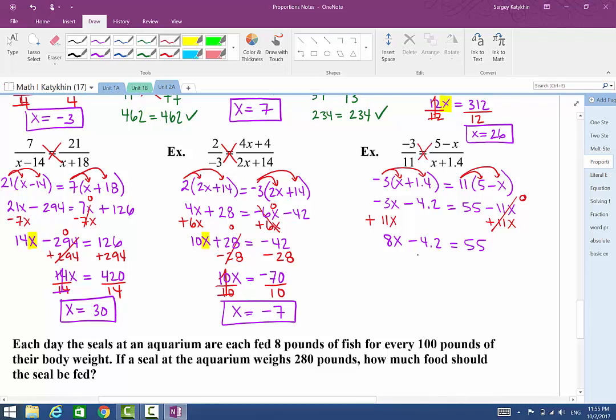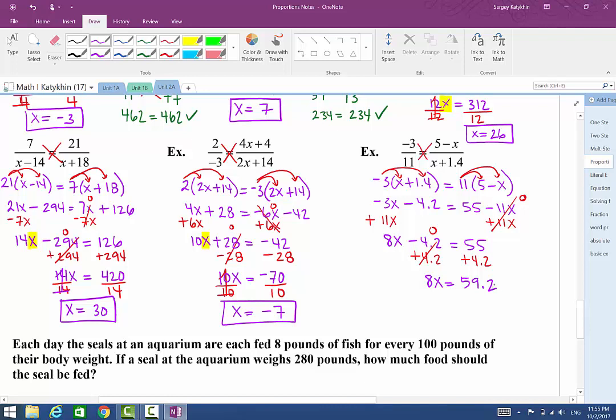So what I'll do from here is I'm going to add 4.2. This is a two-step equation. From here on, this gives you 0. That gives you 8x is equal to 55 plus, which gives us 59.2.